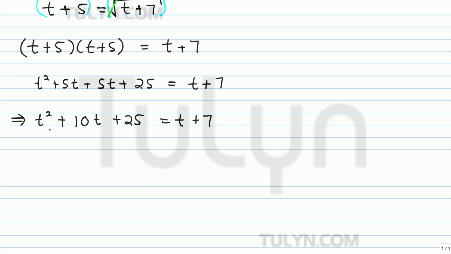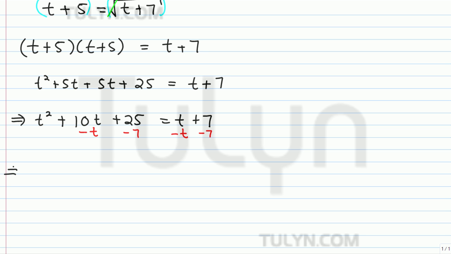And the reason is because you see that this is a trinomial. So usually when we have a polynomial that starts with a squared term and has 3 terms, we want to try to factor it. So let's subtract a t from both sides, and let's also subtract 7 from both sides.